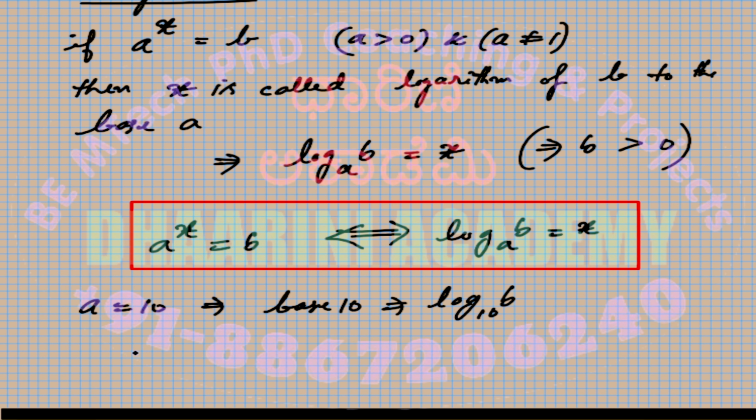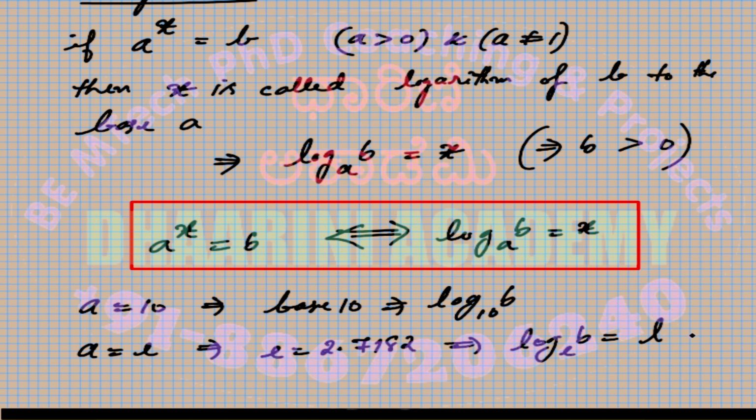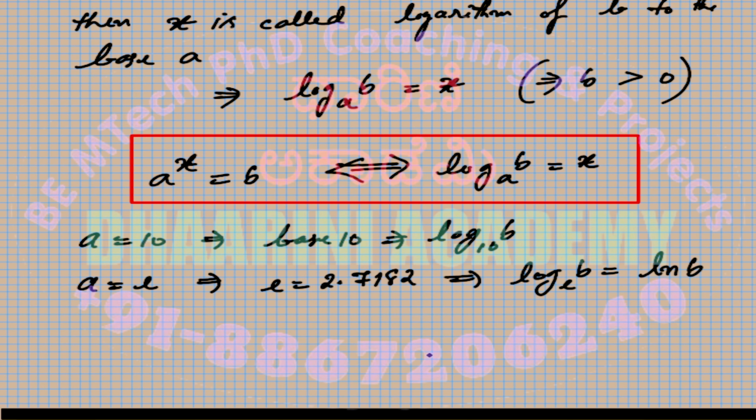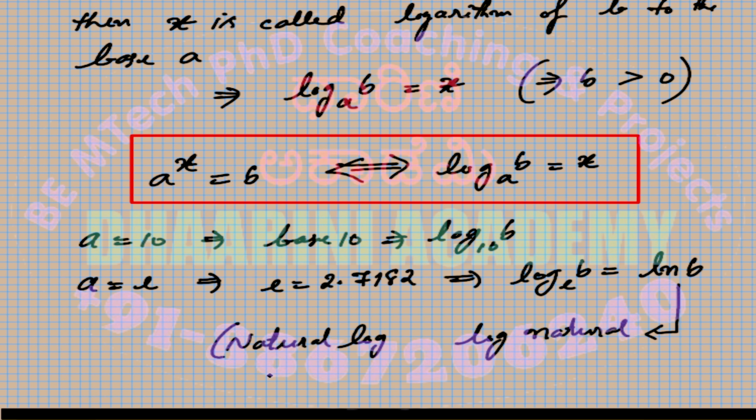At the same time, if a is equal to e, which has a specific value, e is equal to 2.7182, then log of b to the base e is called lnb, another short form, where ln stands for log natural. So we call it the natural log of b.